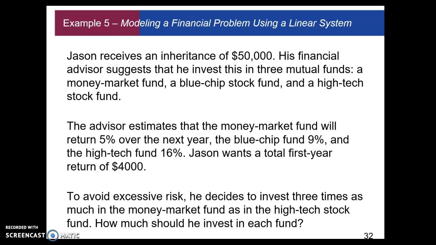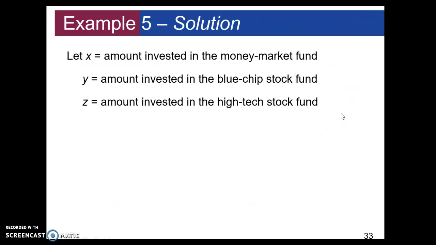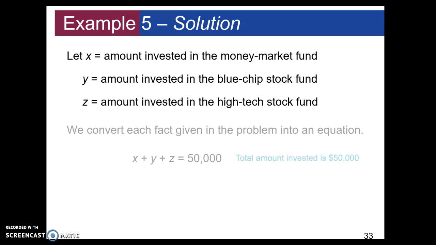So first, we're going to let X represent the money market amount, Y the blue chip stock fund amount, and Z the high-tech stock fund. We know that the total of those investments is $50,000 because that's what he inherited. So X plus Y plus Z has to be equal to $50,000.